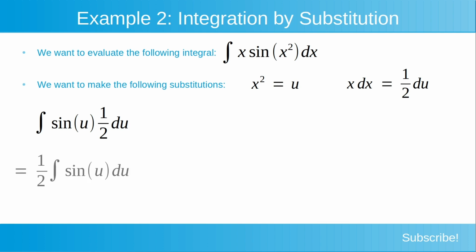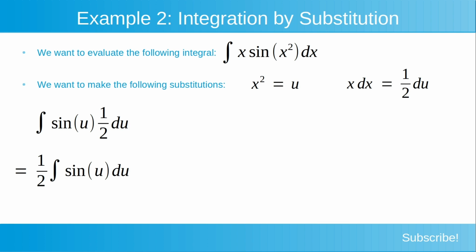When we do that, we get 1/2 times the indefinite integral of sine u du. At this point, we've rewritten our integral into a form which can be evaluated using the standard integration formulas.